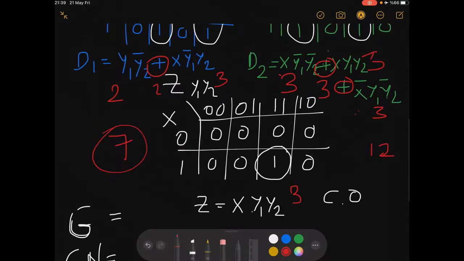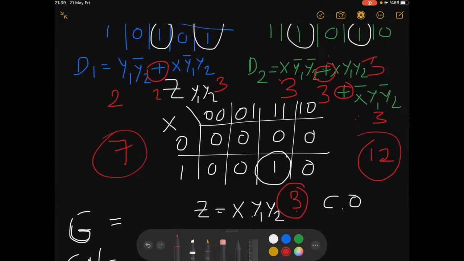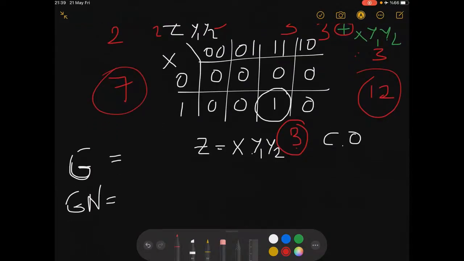There are some overlaps, but let's not consider overlaps for now, because you can do multiple level optimization. For this moment, we also count this, I mean 3, 2 as well. You don't need to write it like this, so you will have your gate input cost as 22.